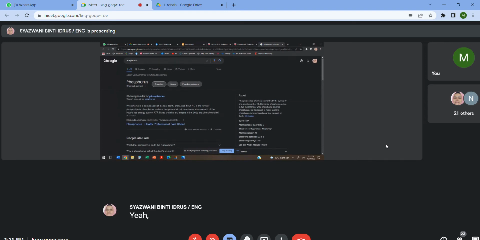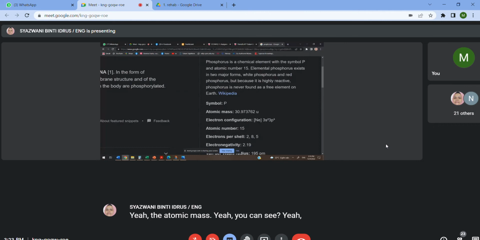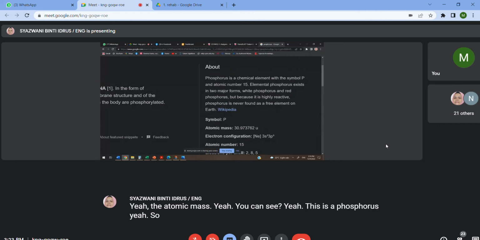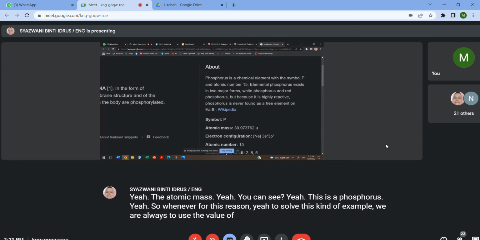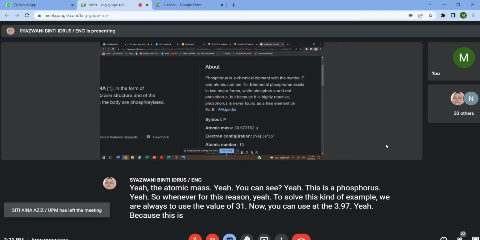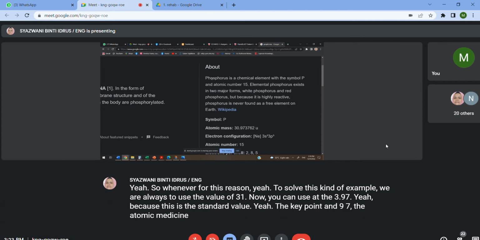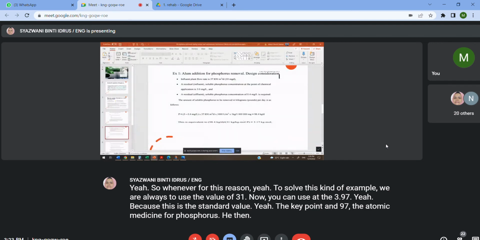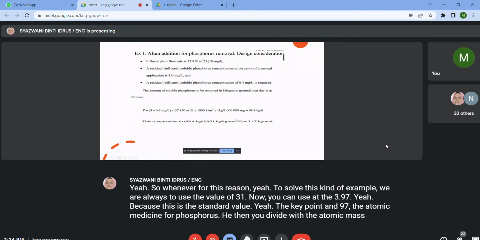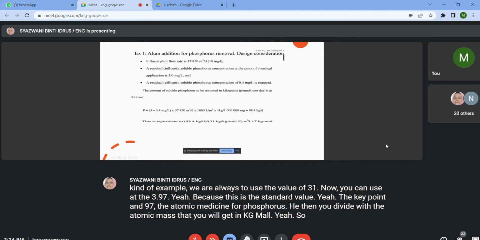Yeah, the atomic mass, you can see, this is phosphorus. So to solve this kind of example, we always use the value of 31. You can use 30.97, because this is the standard atomic mass for phosphorus. Then you divide by the atomic mass and you will get kg mole. So this is equivalent to 3.17 kg mole.